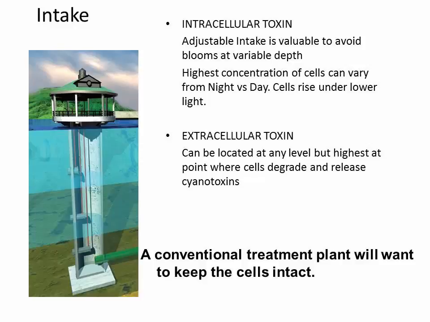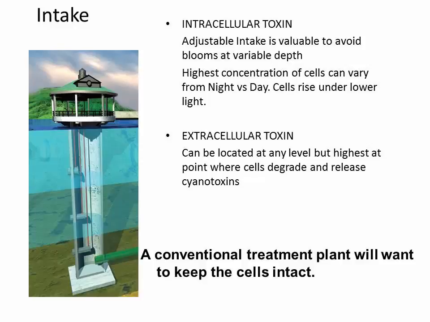Often their surface intakes aren't an issue at all, but it does allow you to adjust that. Most utilities have that, although I have seen utilities that don't. They have one intake and that's it, and if they can't withdraw from that intake, they can't use that water. So adjustable intake is valuable to avoiding blooms at variable depth. And keep in mind that blooms do go up and down day and night. So there's a diurnal fluctuation of the bloom. Not always, especially in these heavy scums, it's all up at the top, but blooms do tend to move up and down.